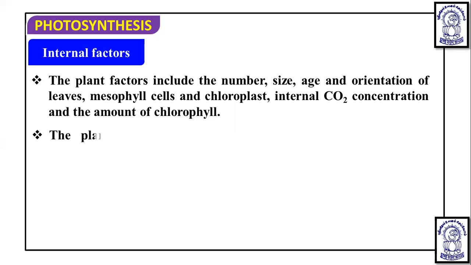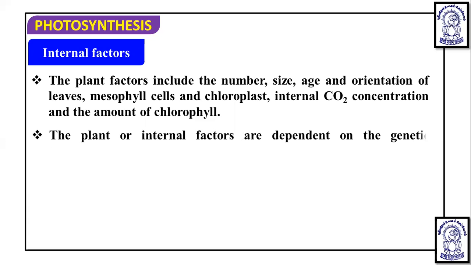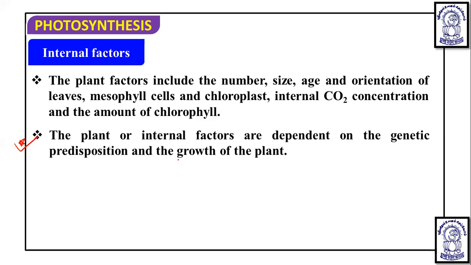These are the internal factors or plant factors, and the important statement is that the internal factors or plant factors are dependent on the genetic predisposition, meaning the genetic makeup and the growth of the plant. This is an important question they usually ask in the form of a blank.